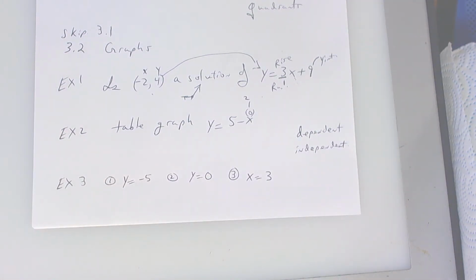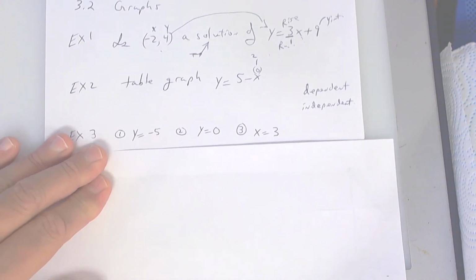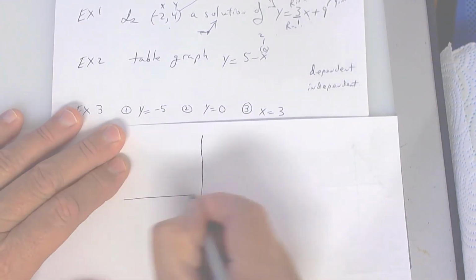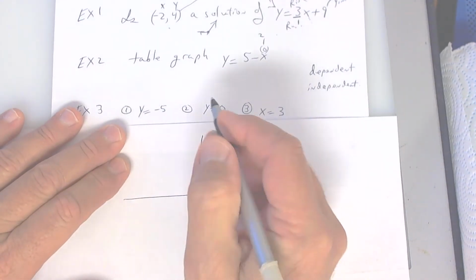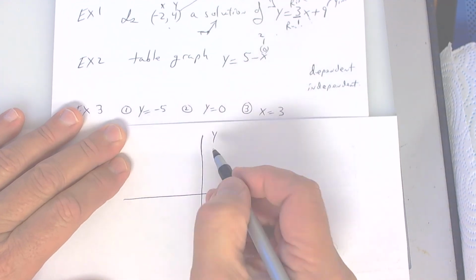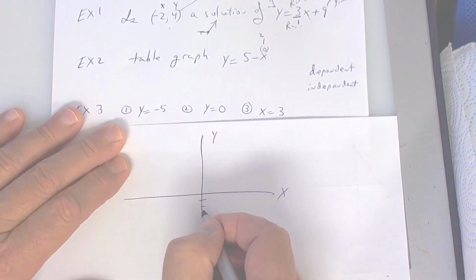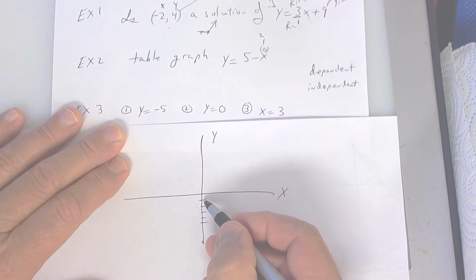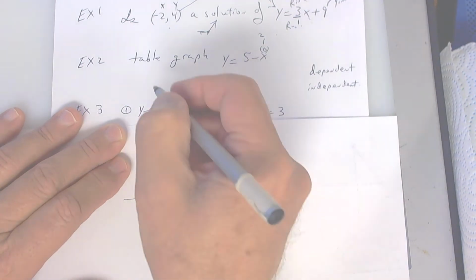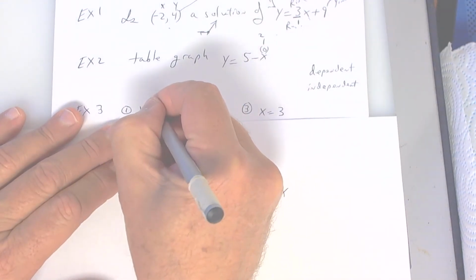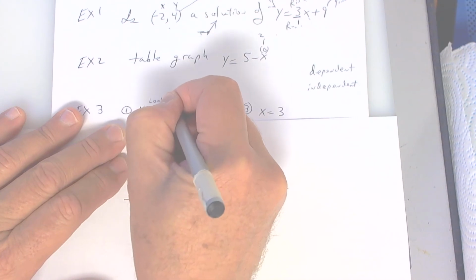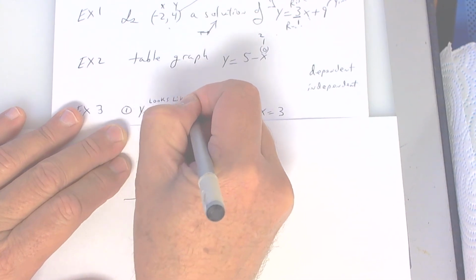Now here are some special cases, so watch. This one says y is a negative 5. So this is my y, so go down 1, 2, 3, 4, 5. I want you to put tick marks. If it says y, it looks like the x-axis.